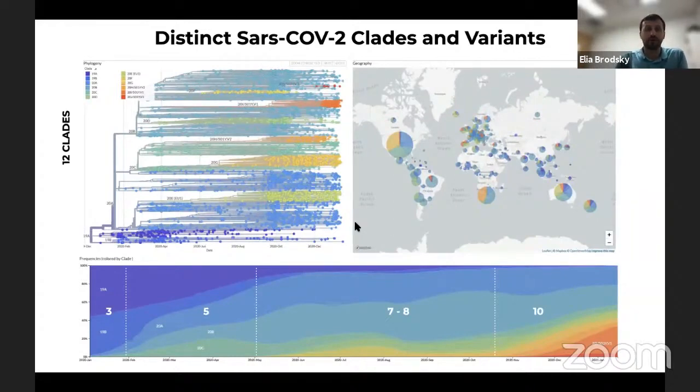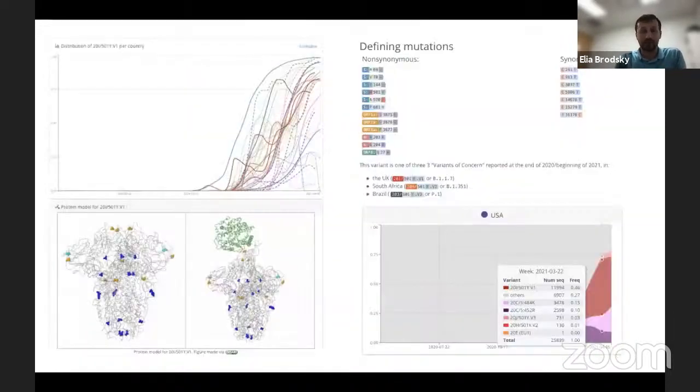So we conduct a phylogenetic analysis, we look at genomic variation, and then we include the component of time. So really the objective of this analysis is to try to identify the factors that drive this variation as it emerges across time.